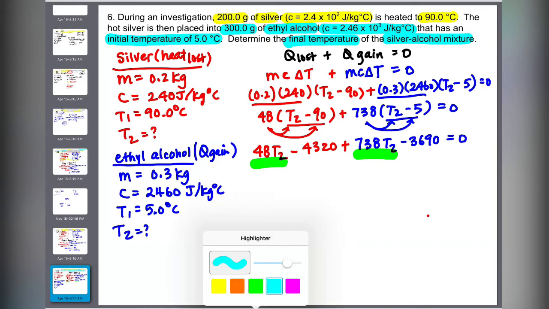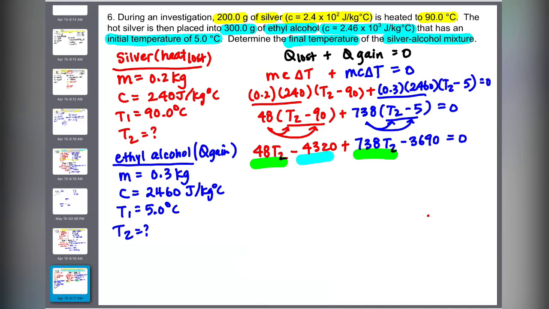At the same time, I have a number and a number, so I'm going to move all the numbers to the right-hand side. I'm going to keep the T2 on the left-hand side. So 48 T2 adding 738 T2 equals 3690. I move them to the other side, they become positive.